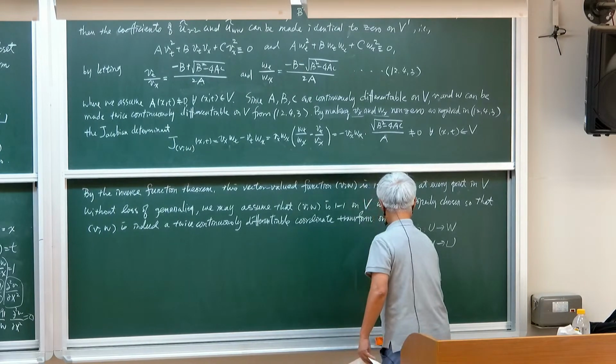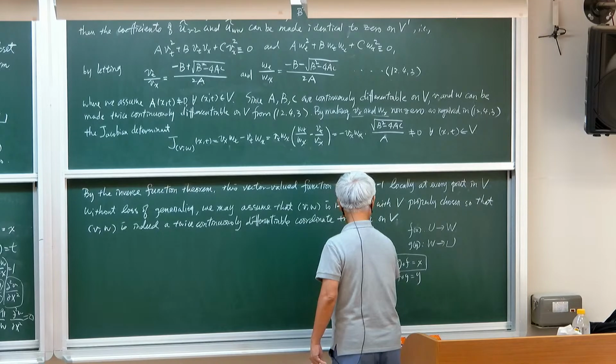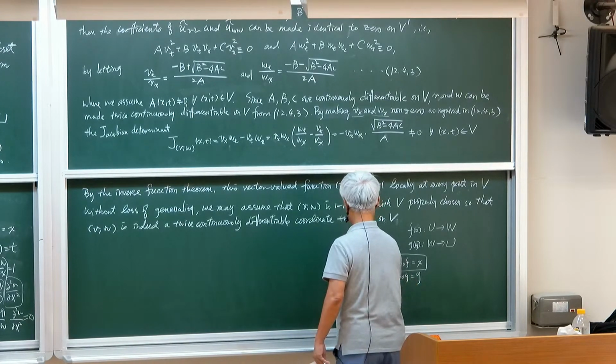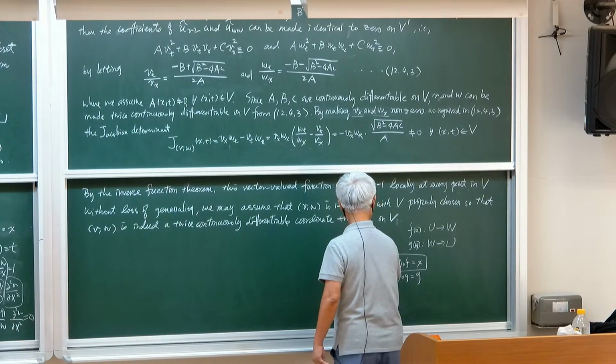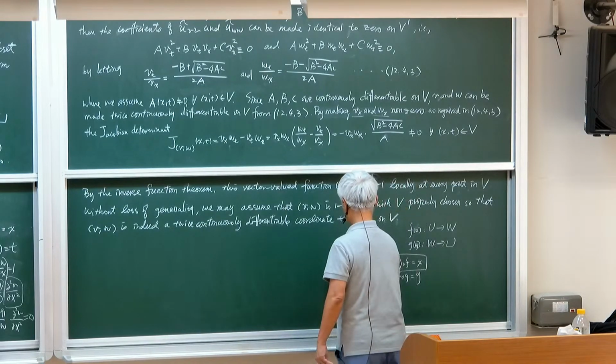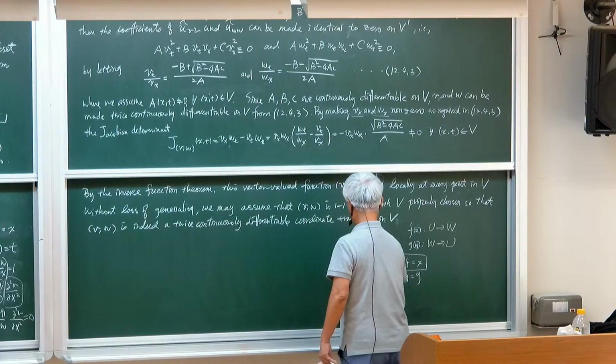So the derivative of g of f of x, that's g prime of f of x times f prime of x, equal to 1. Which means that g prime of f of x is equal to 1 over f prime of x.